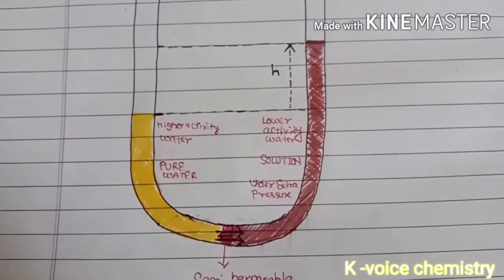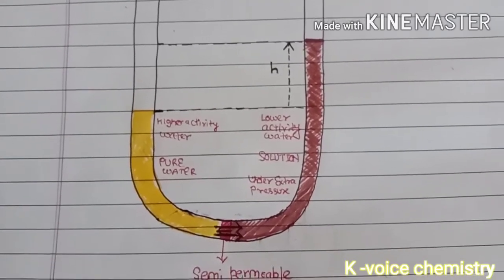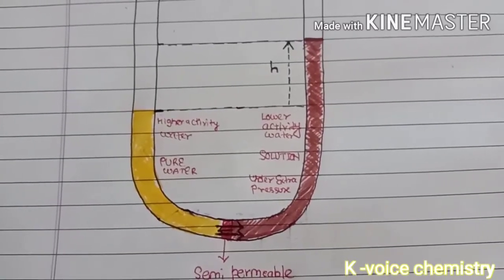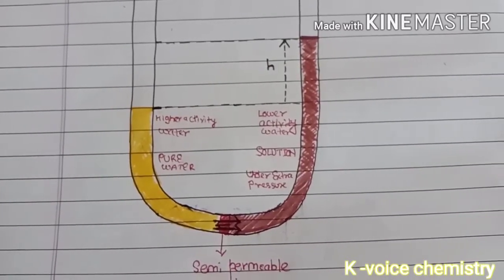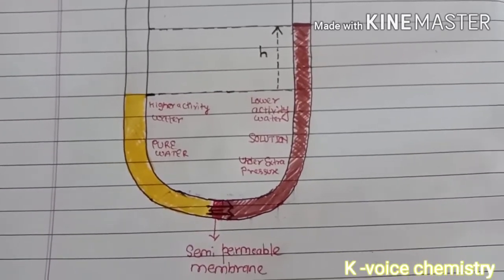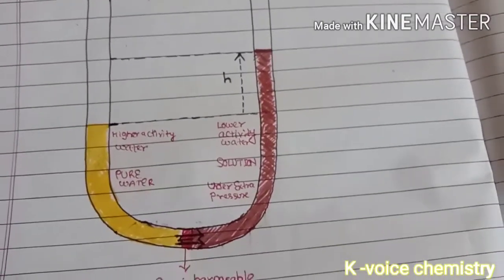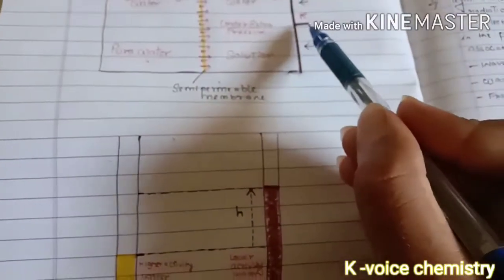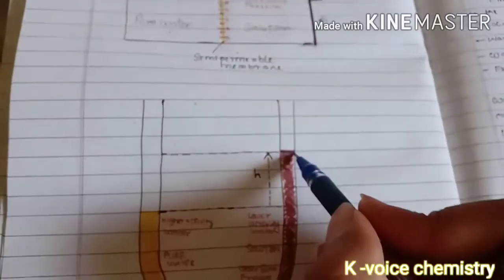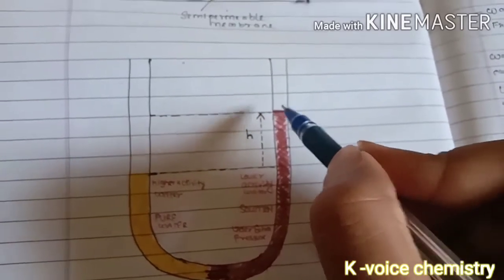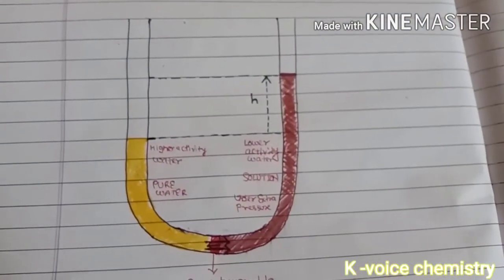So basically osmotic pressure is the equilibrium pressure exerted on the solution to prevent the further movement of the solvent towards the solution. So from here we can see that the osmotic pressure exerted toward the solution is directly proportional to the molar concentration. I hope you can understand.